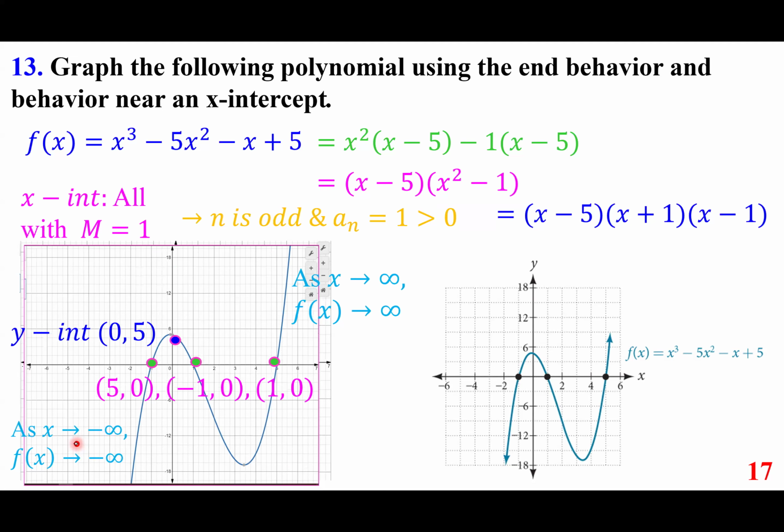So pretty straightforward. Knowledge of the end behavior, which depends on the leading term, and the x-intercepts, which depend on the multiplicity, will help us graph. All we have to do is the end behavior and a few intercepts, and we are done.